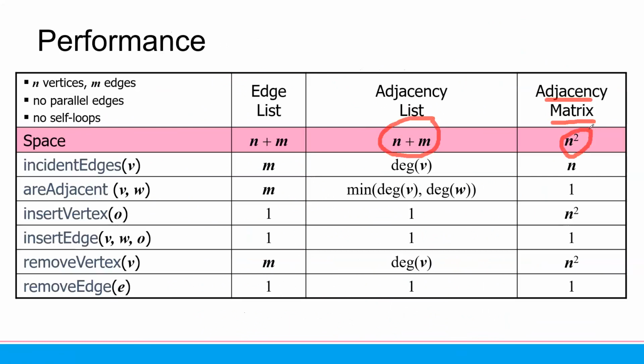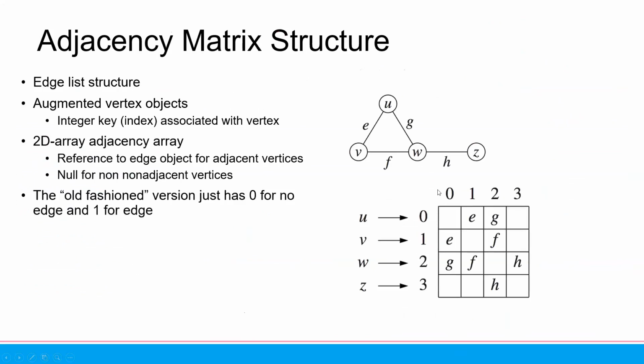Why? n is the number of nodes. How many nodes do we have? 1, 2, 3, 4. We have 4 nodes, and we want to check the relationship with another node. So we have 4 multiplied by 4. So this will be n squared for the space.